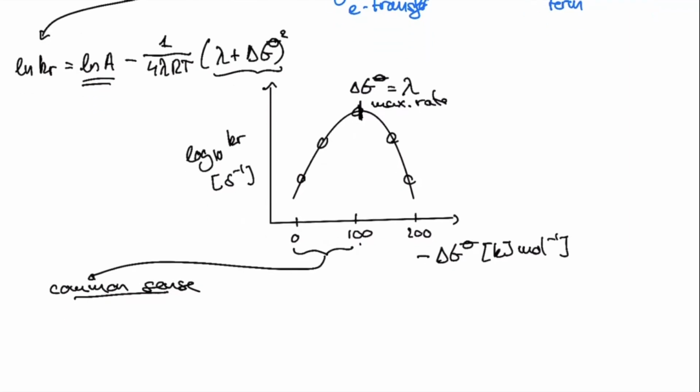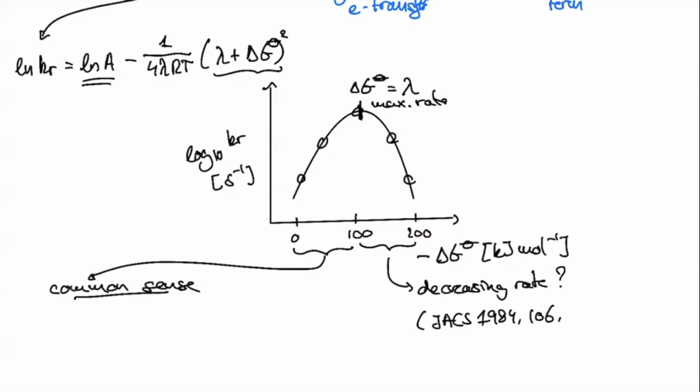But here you have a decreasing rate, and that is weird. Okay, I'll give you some examples if you want to look in more detail. There's a nice Jacks paper, 1984. And that is following the Marcus theory.